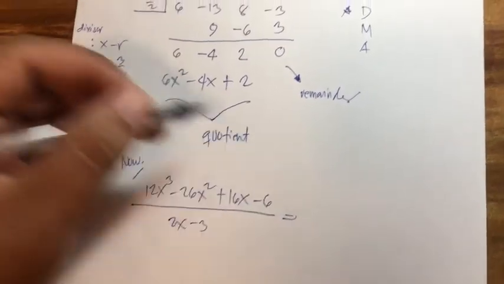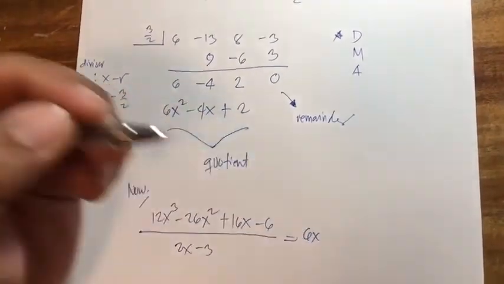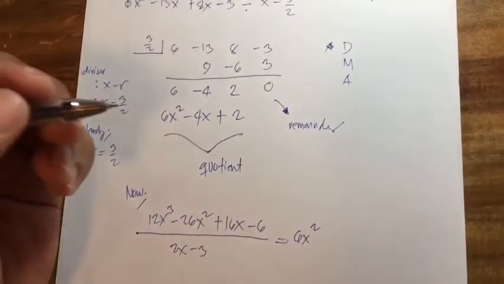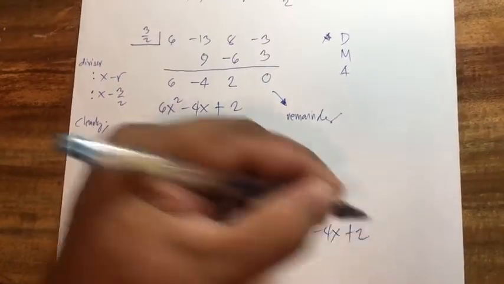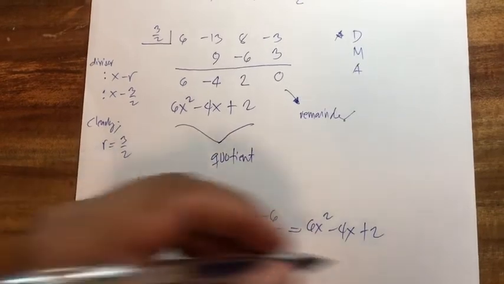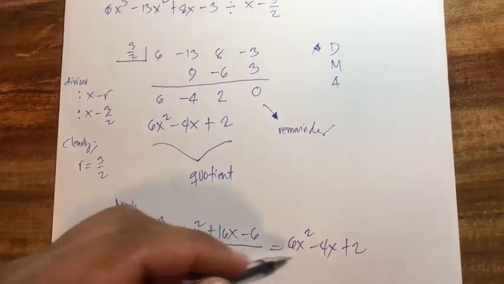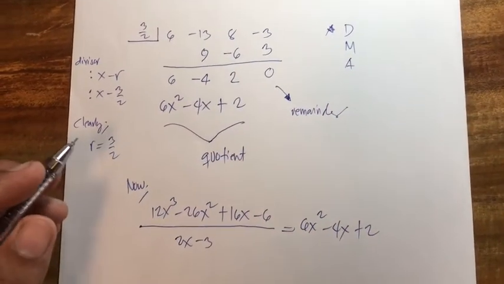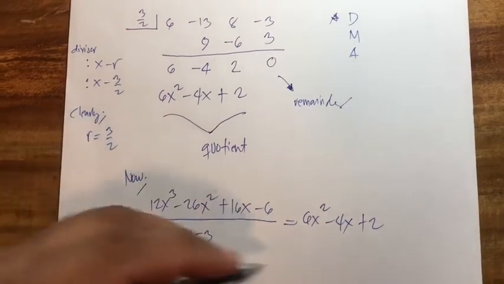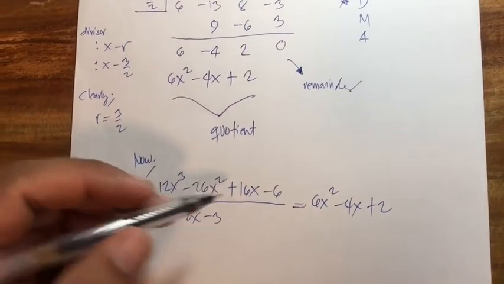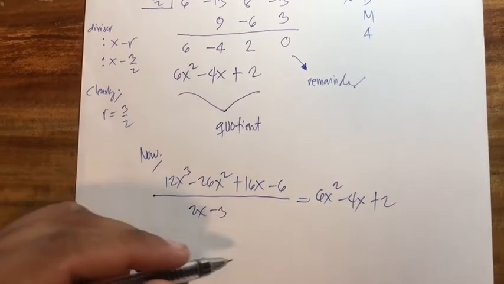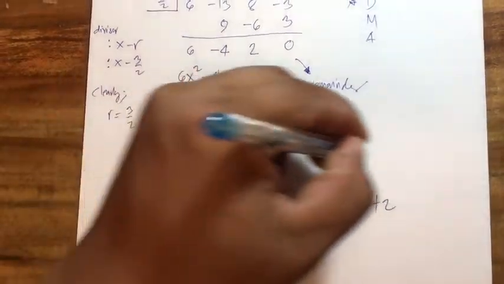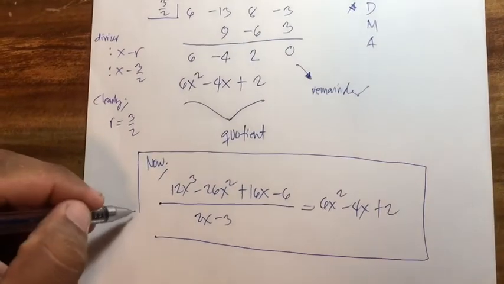So our answer is 6x squared minus 4x plus 2 plus, but our remainder is 0. So this is our answer. So our answer is 6x squared minus 4x plus 2 as our quotient. So this is our final output.